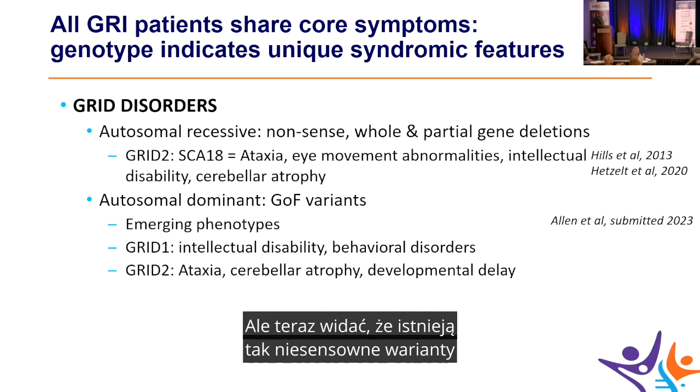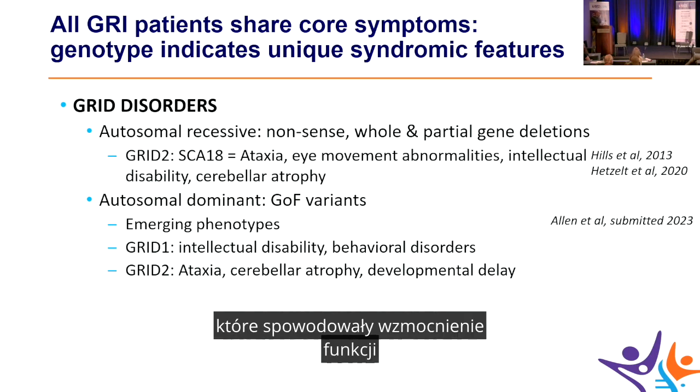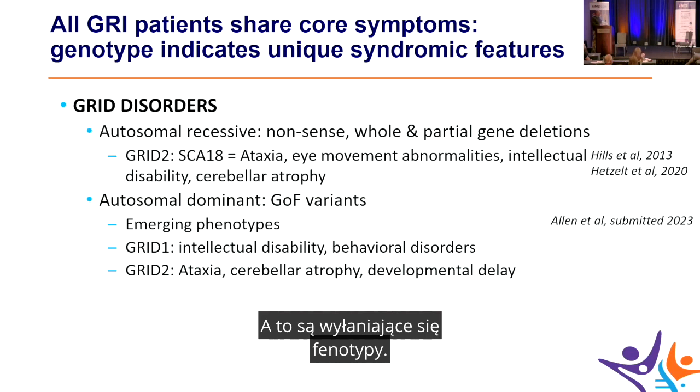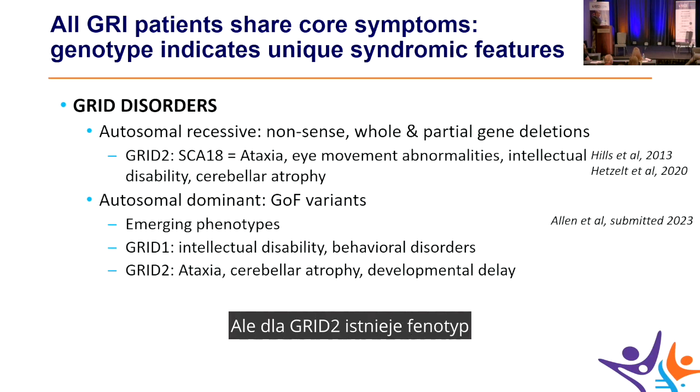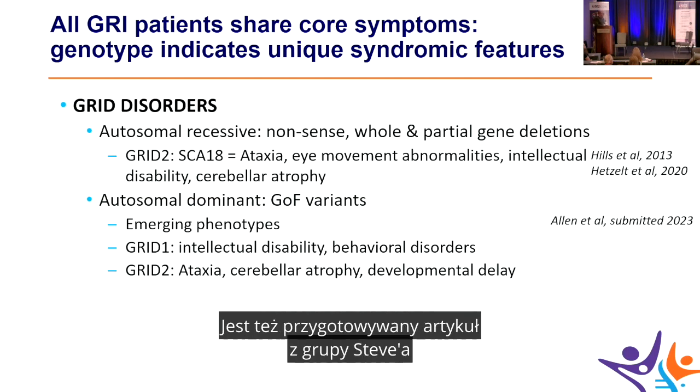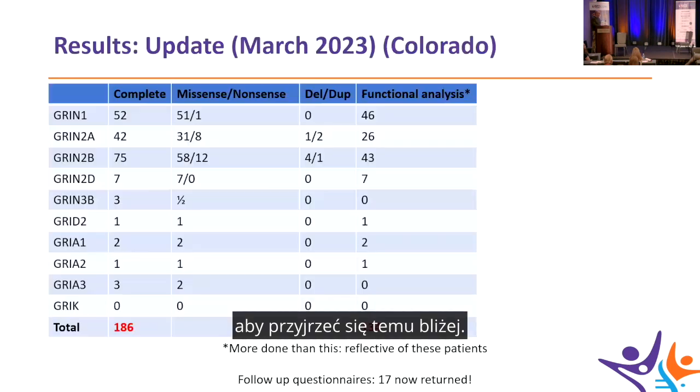But now it's been seen that there are missense variants that cause a gain of function within just one of the GRID alleles, and these are emerging phenotypes. For GRID1, there's more to be done here, but for GRID2, there is a phenotype associated with ataxia, cerebellar atrophy, and developmental delay. And there's a paper in process from Steve's group to look at that more.